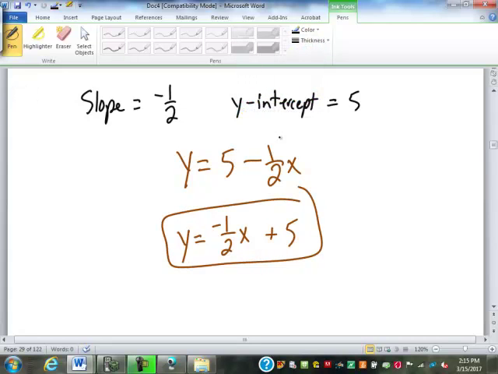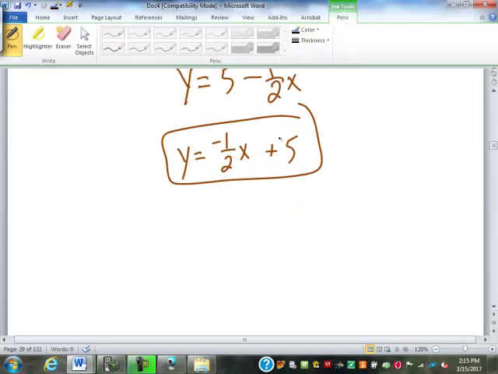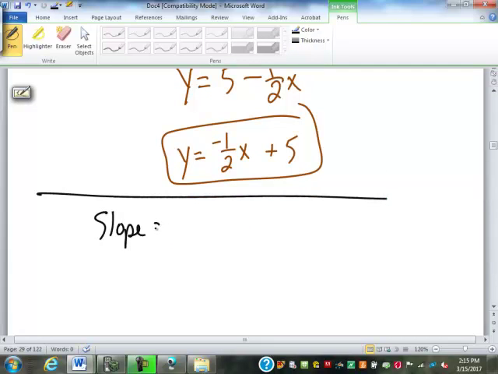So what if instead of telling you the y-intercept, I tell you that the slope is 2/3, and the line goes through the point (6, 1), and I want to find the equation of that line.